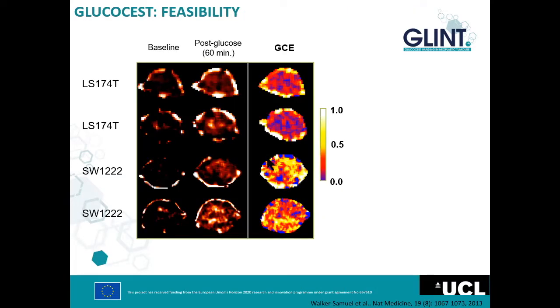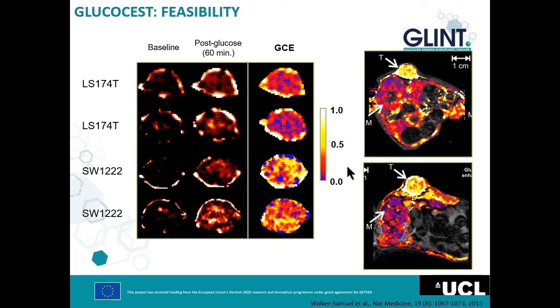As Silvio mentioned, a couple of years later, we were trying to see whether we could replace FDG using simple glucose, because it's cheaper, it's more available, and to be fair, I've never really liked radiation.